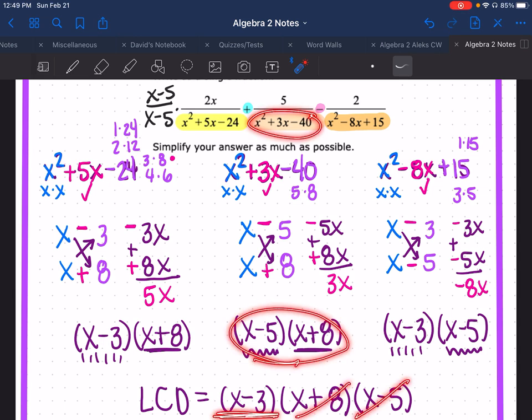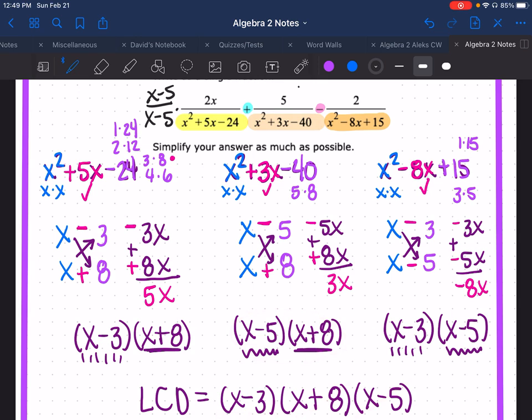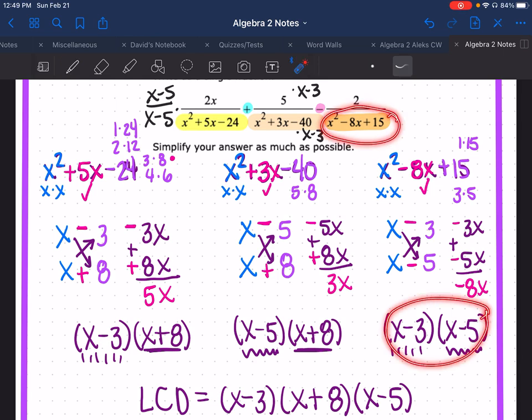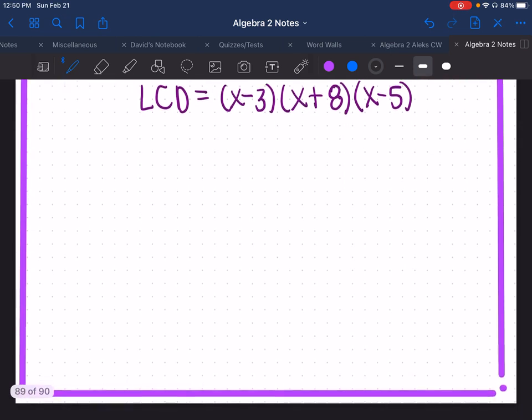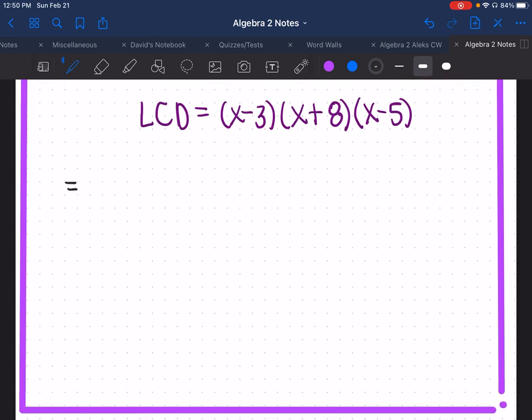So we're going to multiply by x minus 3. Okay, and for the last one, you're going to take a look at these two, cross them out, and we're going to have to multiply by this guy. There we go.